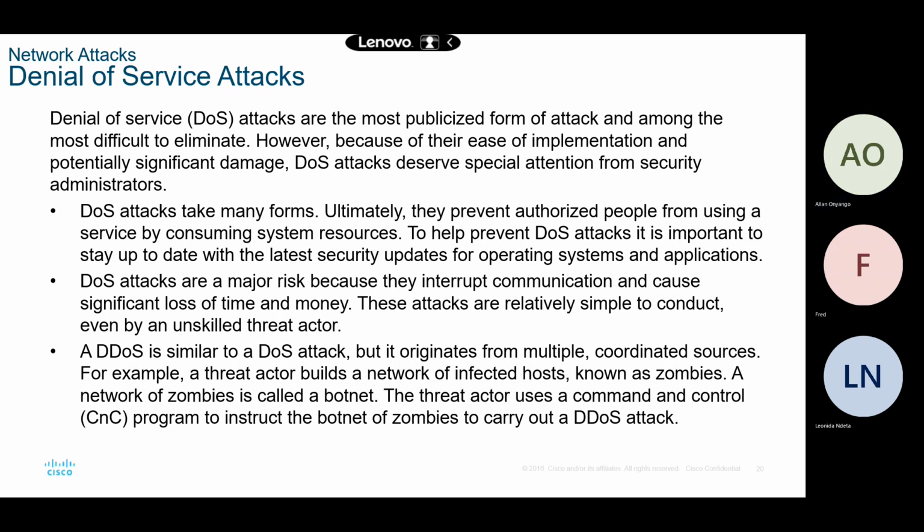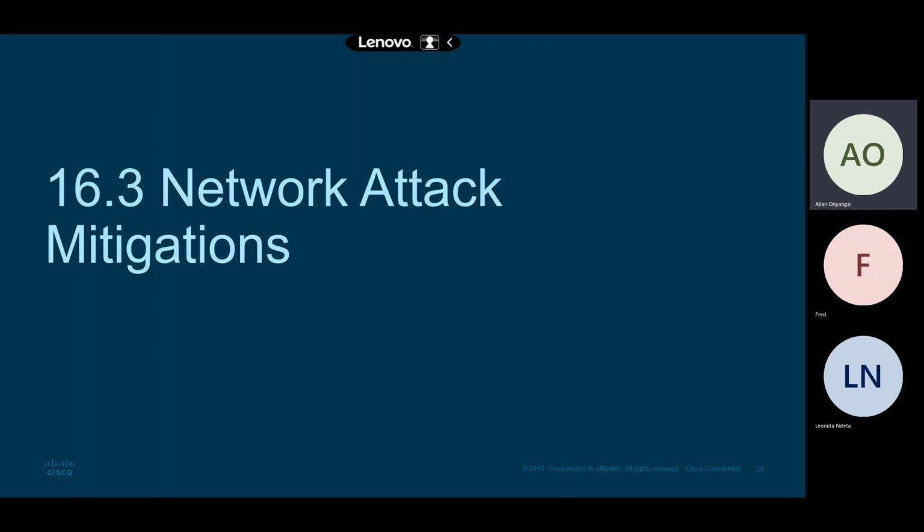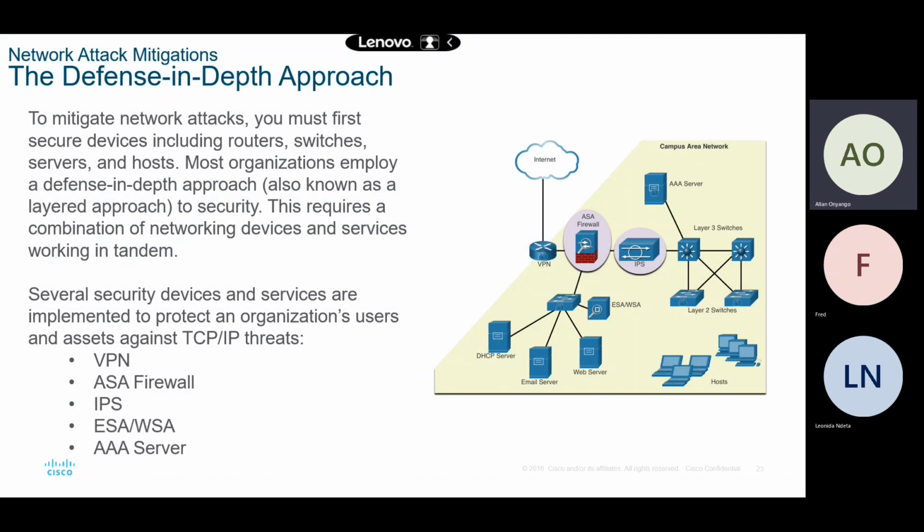Now, looking at some of these attacks, all these attacks must be protected against in a way. And I want you to know that security is not a one-man show. And security is not a one-device show. It's everyone's responsibility, and it requires so many devices.